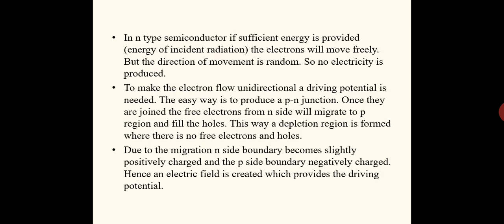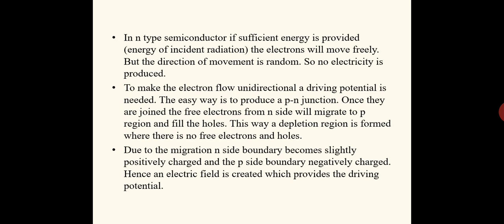Okay. In N-type semiconductors, if sufficient energy is provided, the electrons will move freely. That we already know. If free electrons are given some excitation energy, then they will move to the next level.